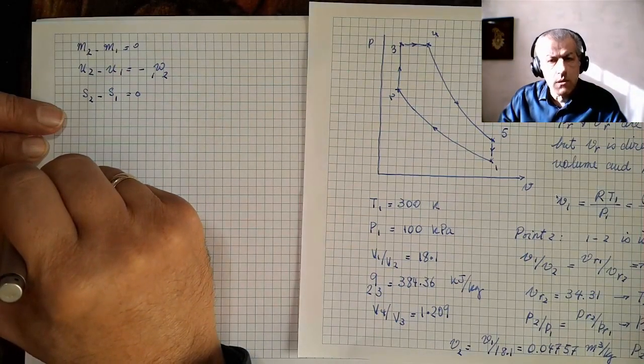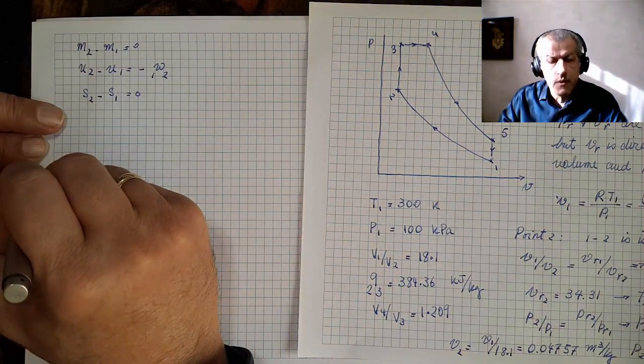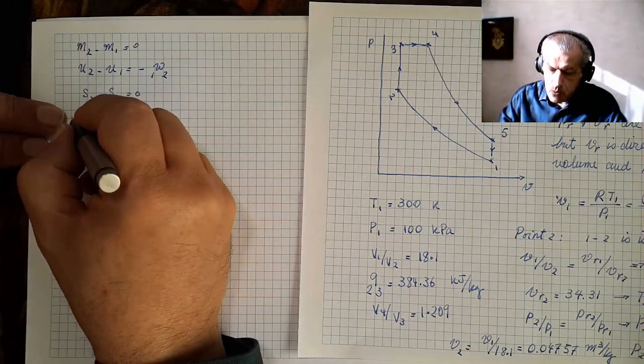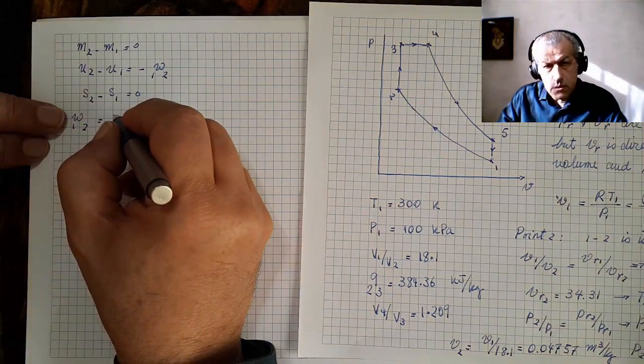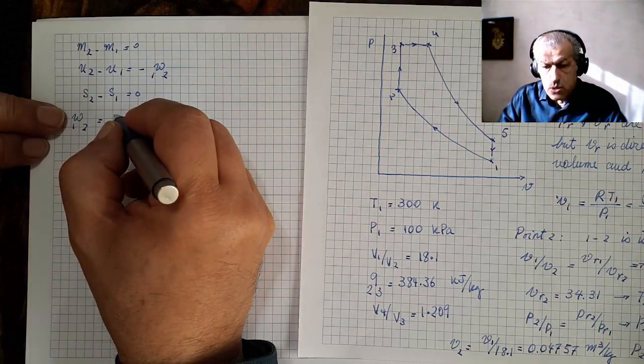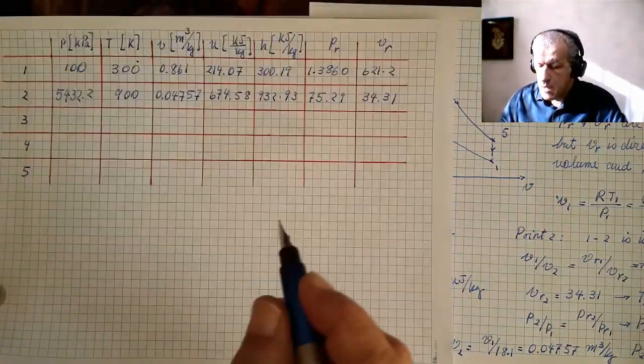So what we could do is calculate the work of the first process, and W12 would equal U2 minus U1, which we have both of in our table.